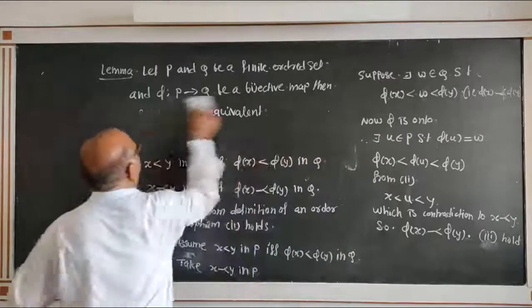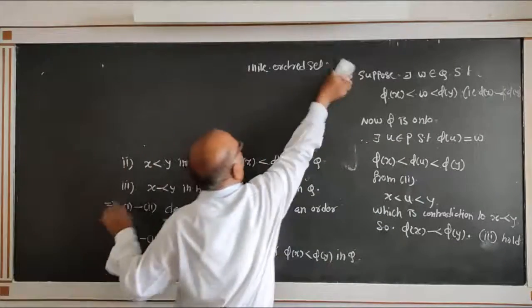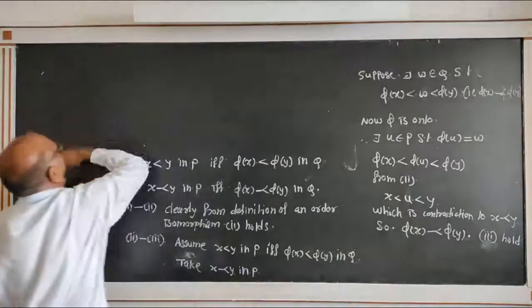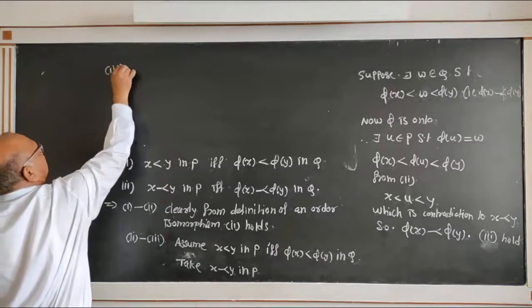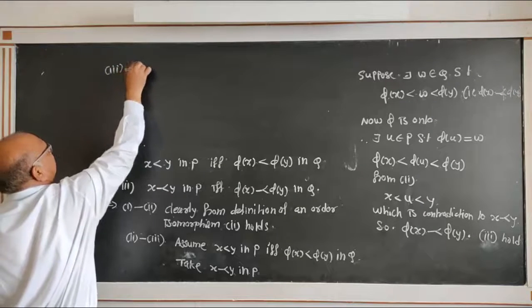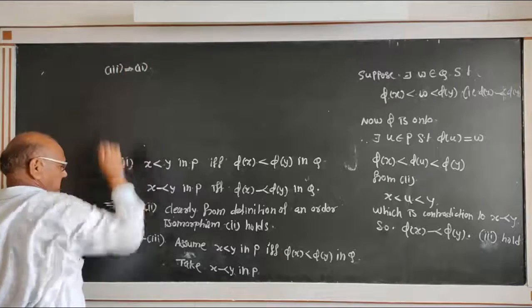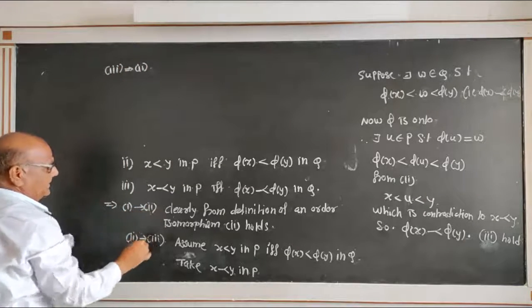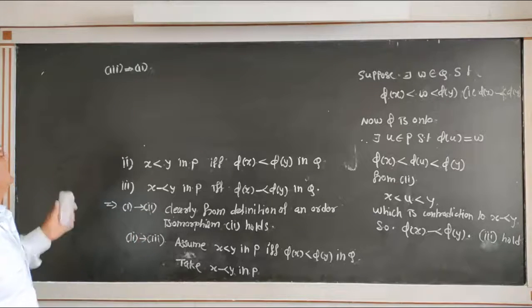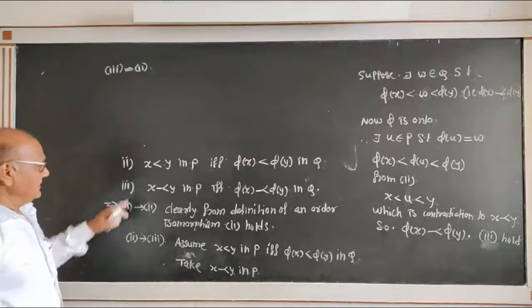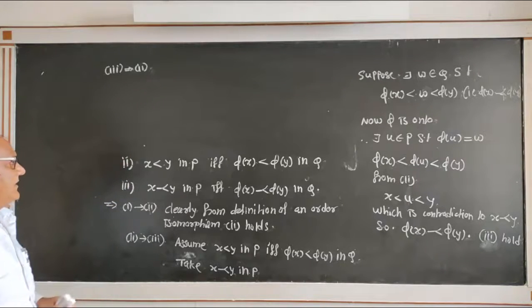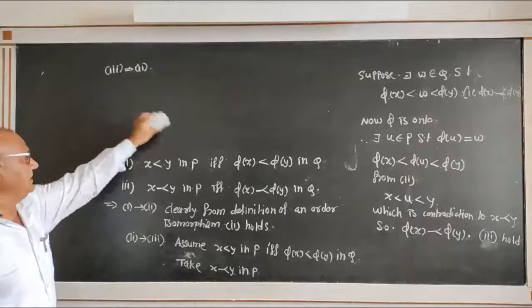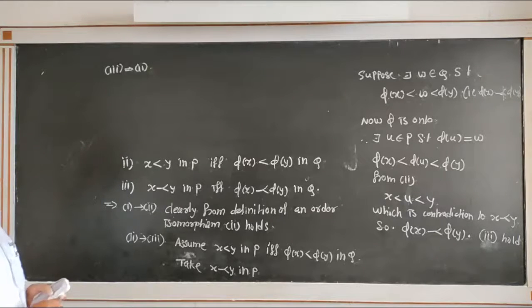Now, to show third implies second. Second and first are directly from the definition of order isomorphism.